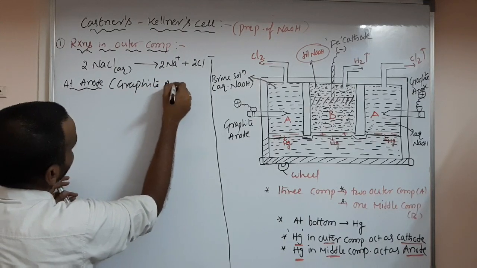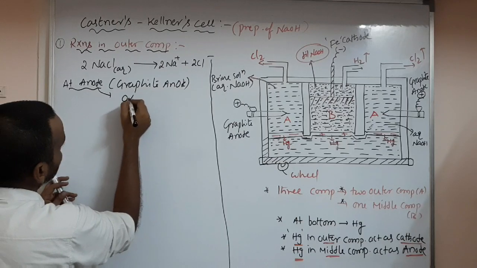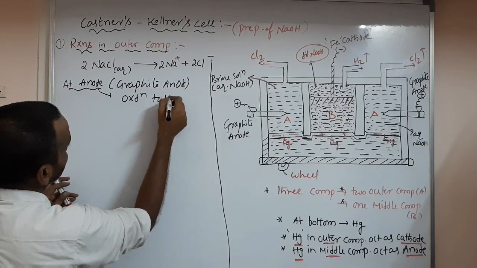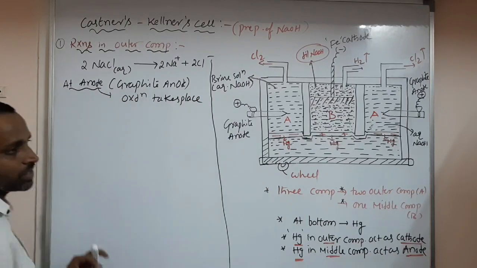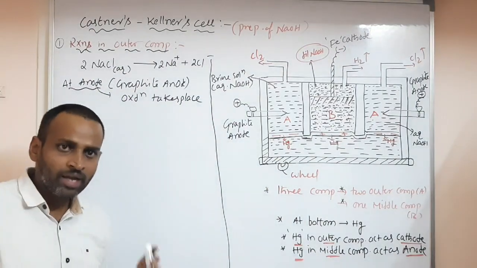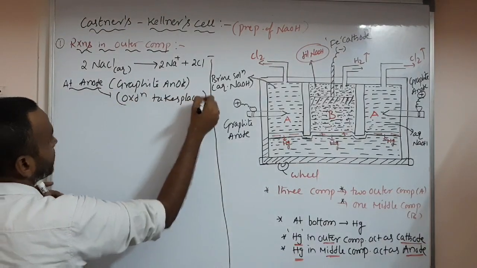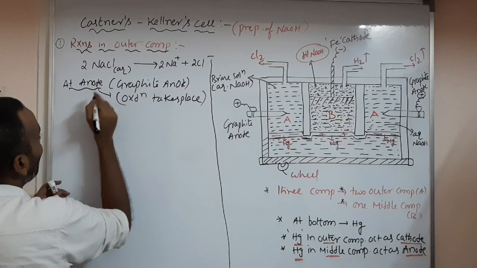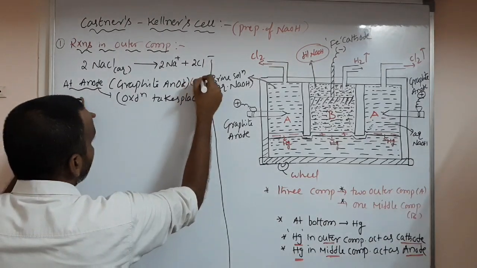Means at the graphite anode what happens? So at anode what happens? Oxidation takes place. Everybody knows. At anode oxidation, at cathode reduction. Okay. So at anode oxidation takes place. Anode means positive or negative? Anode means positive.